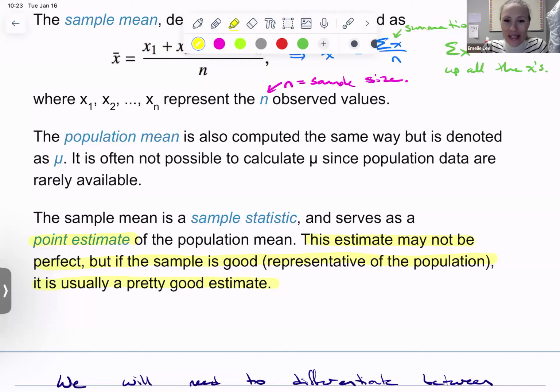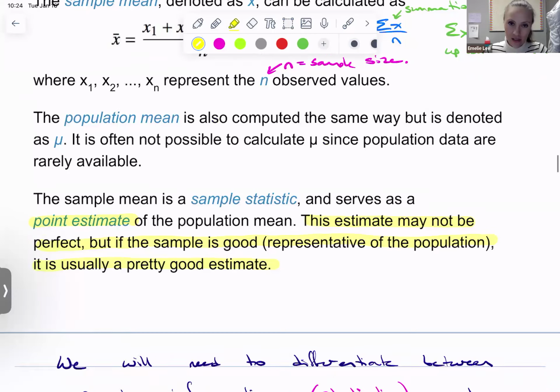That's what we're going to leverage in statistics. There is variability. If I released my sample and collected a brand new random sample, still representative of the population, then my sample mean would change a little bit. But it should hover around the population mean. So that's statistics in a nutshell.